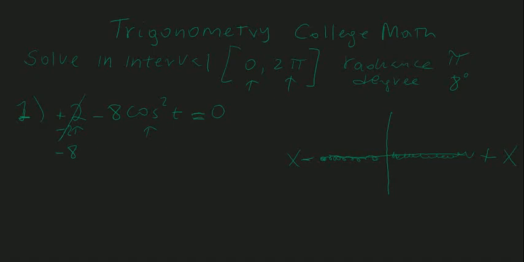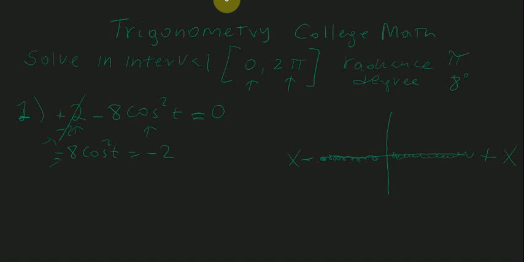Minus 8 cosine square t. Sorry, I have to square the cosine, not the t. So cosine square t equals, and if I subtract here, I also have to put that subtraction on the other side. Now we have to move the 8.